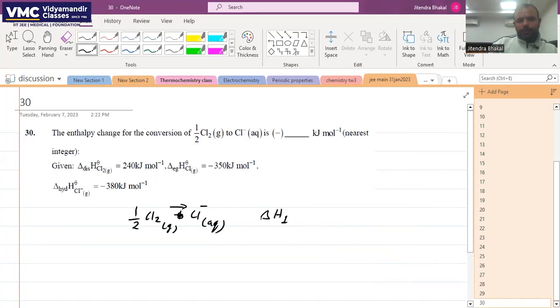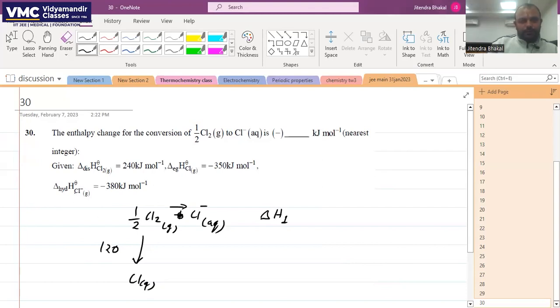First we need to break the bond of Cl2. So we need the bond dissociation energy, which is given as 240 kilojoule per mole. For one Cl2 molecule, 240 kilojoule energy is needed. We only need half Cl2, which means one Cl atom, so the bond energy we need is 120 kilojoule only, and we will get Cl gas.